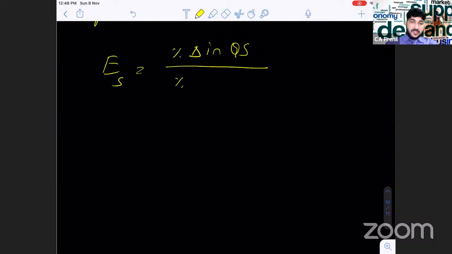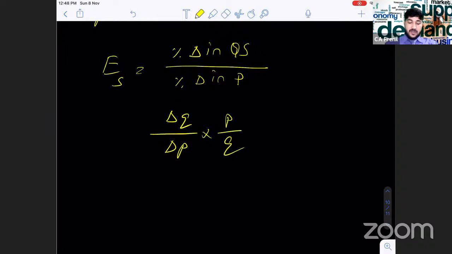Okay. Now let me just take a small example. How is elasticity of supply calculated? Percentage change in quantity supplied divided by percentage change in price. Yes or no? Correct. Or I can put the formula like this: delta Q divided by delta P multiplied by P divided by Q. Am I right? Yes. Now, there are types of supply elasticity.